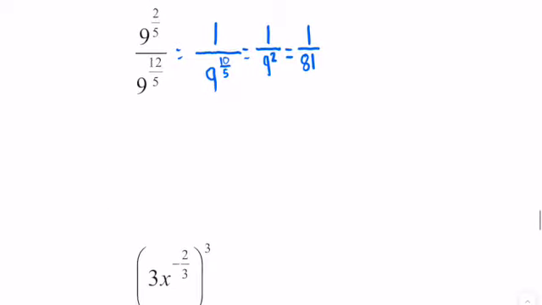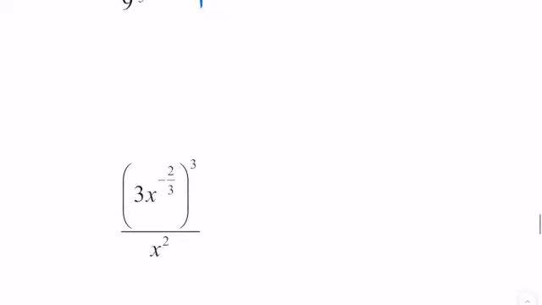Looking at our next problem, here we have 3x to the negative 2/3, all that raised to the third, over x squared. Let's start by taking both parts of the interior of the parentheses on top and raising them to the third. 3 raised to the third, 3 times 3 times 3 is 27.